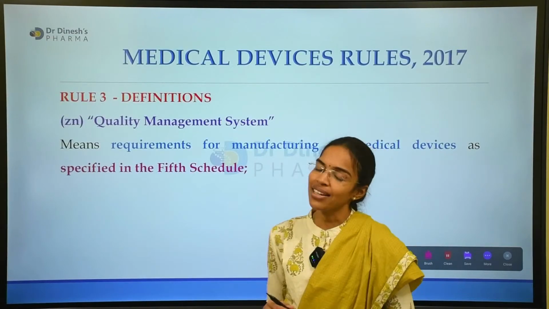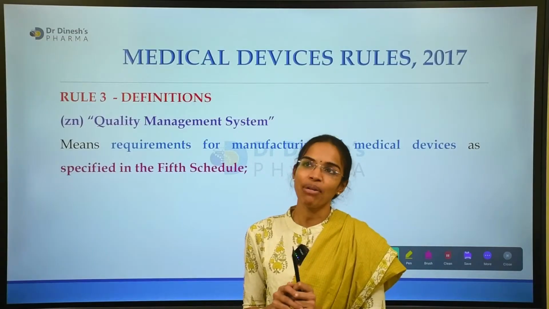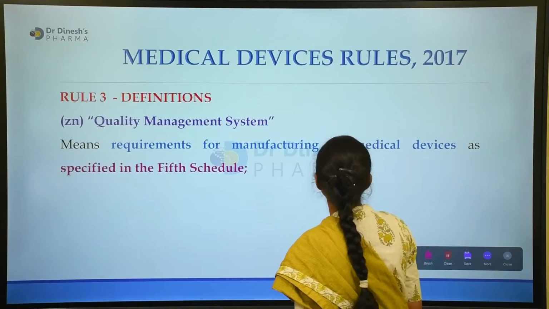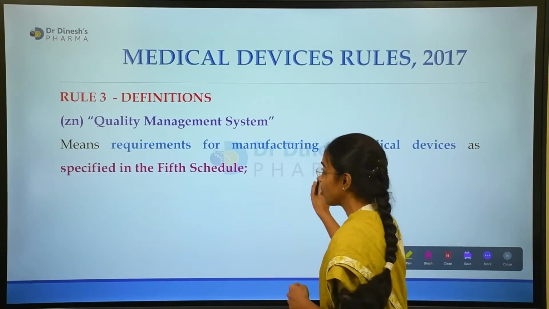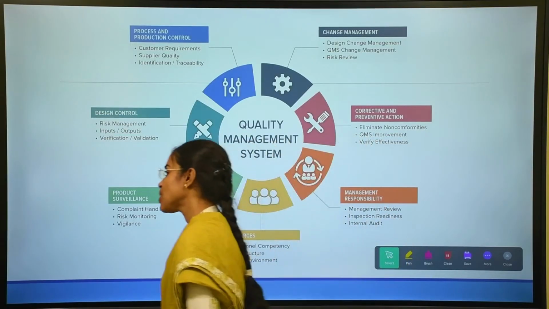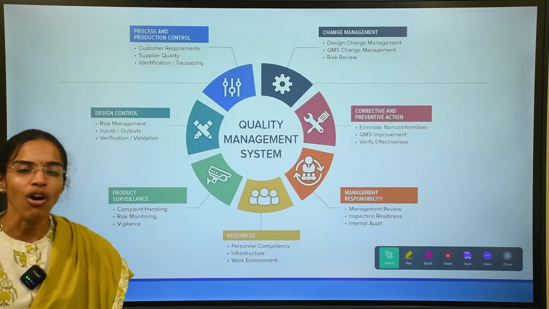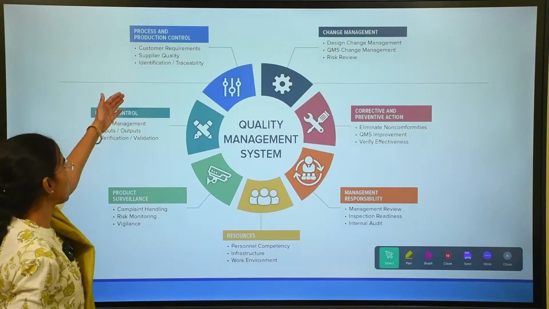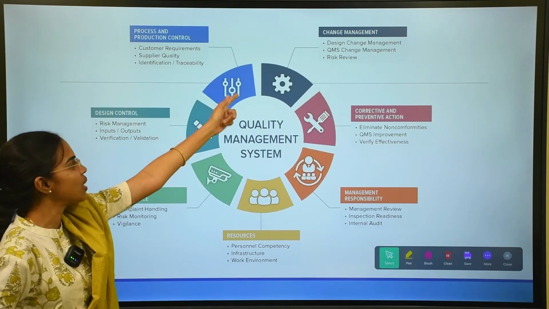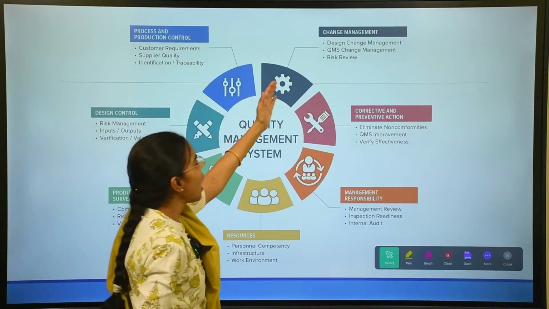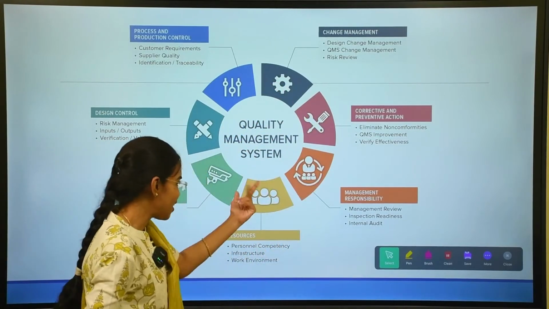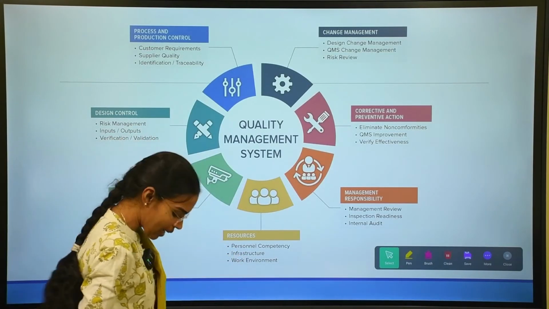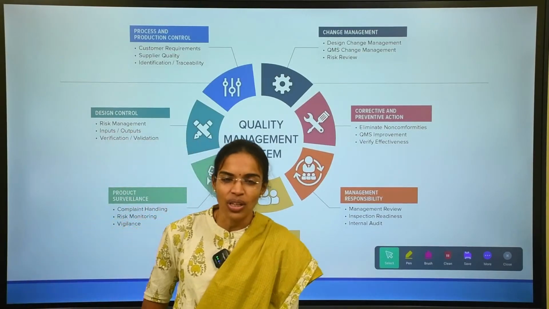The next, again very important, is the quality management system. What is QMS in medical devices? The requirements for manufacturing of medical devices are specified in the 5th schedule. What all are included in the QMS? The process and production control, change management, corrective and preventive actions, management responsibility, the resources, product surveillance, design control, risk management and all.